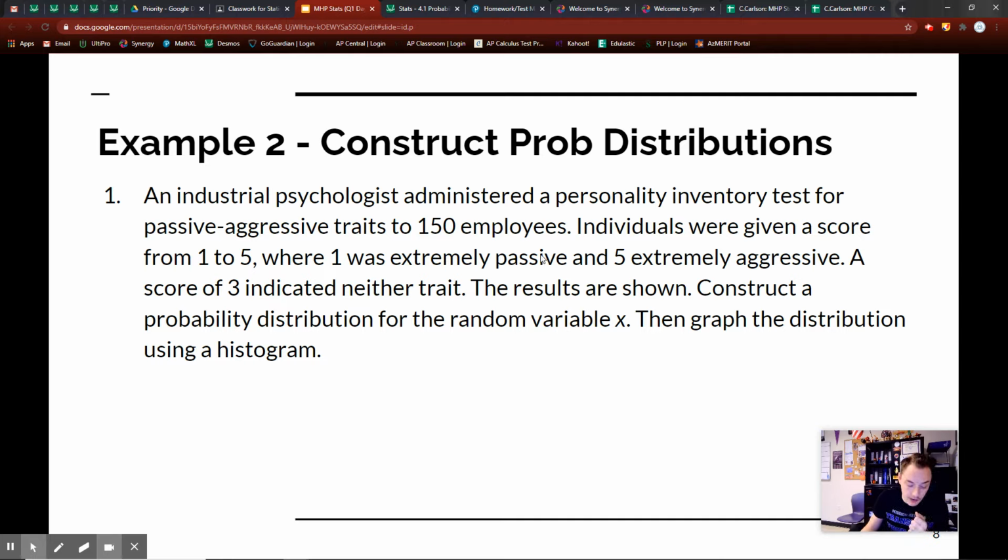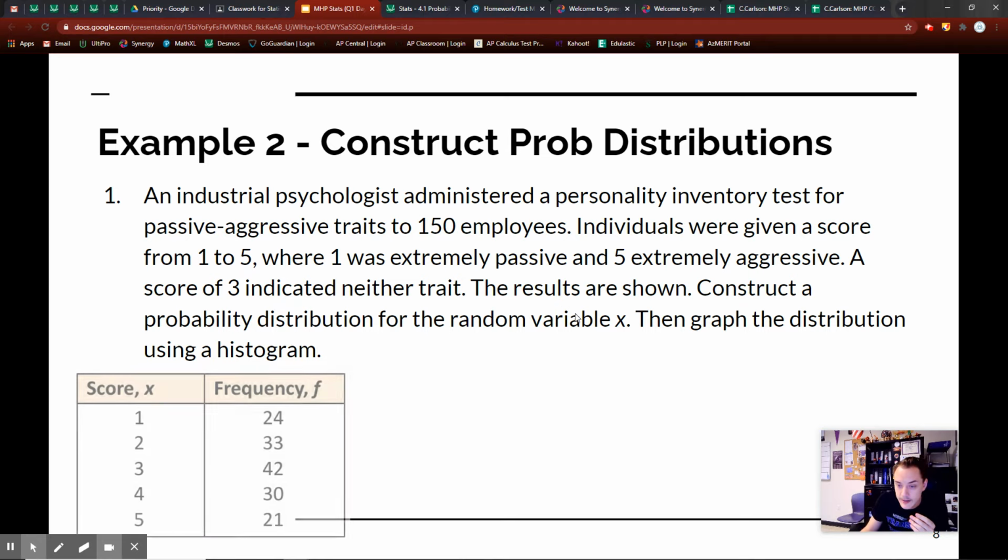A score of 3 indicated neither trait. The results are shown right here.